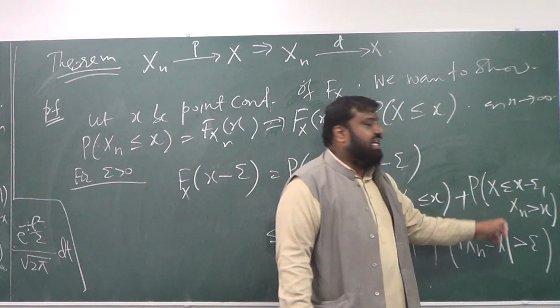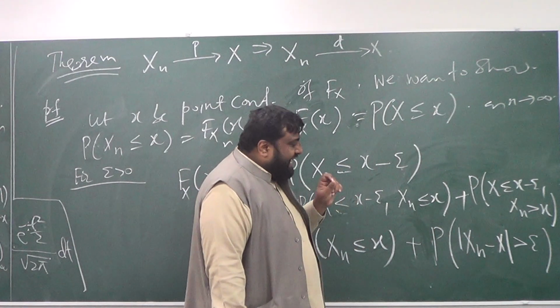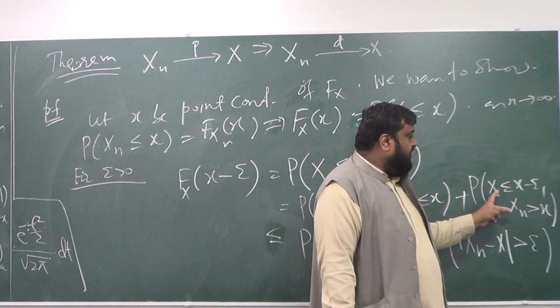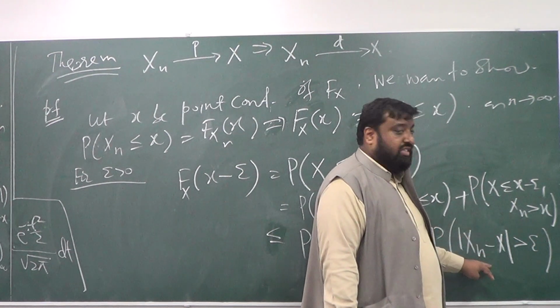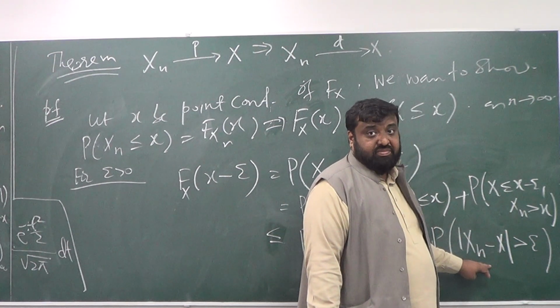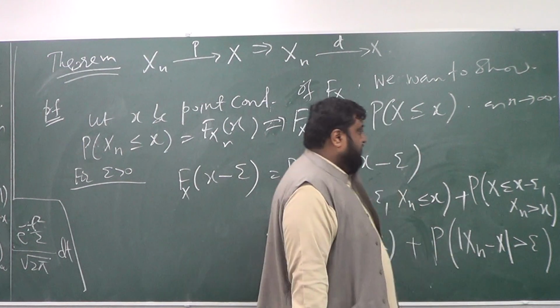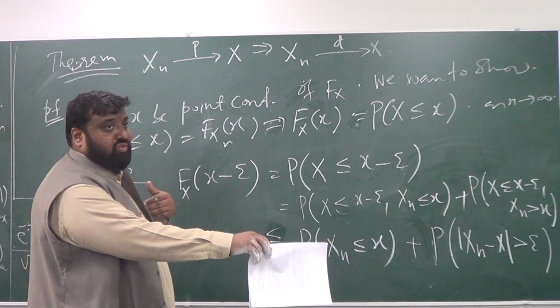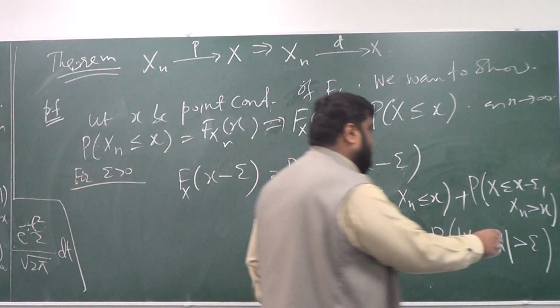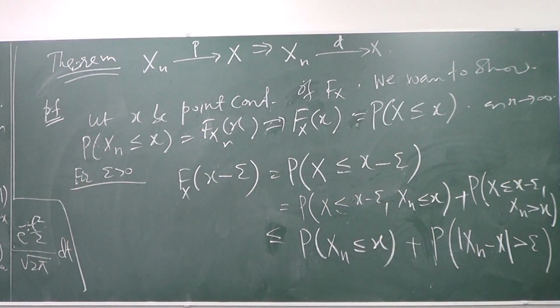Now with this I can show that any omega that satisfies these two inequalities must also satisfy this one. You can make a picture of it and think about it. So if X is less than or equal to x minus epsilon, and Xn is bigger than x, okay?